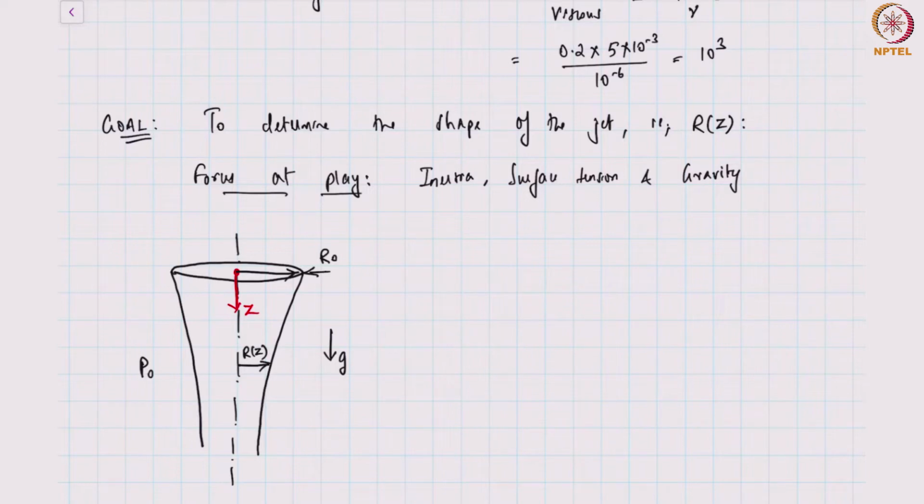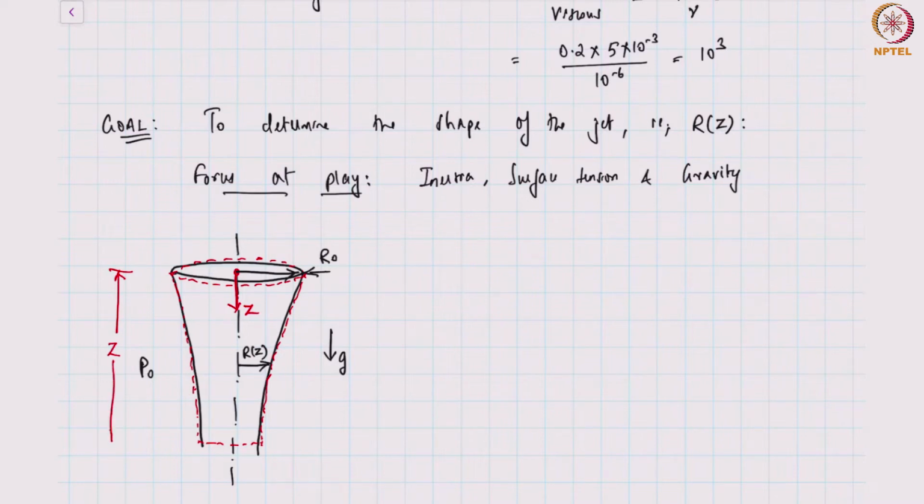Let's consider a small control volume. I'm trying to show this control volume using a dashed red boundary. This is my control volume. And what's the height of this control volume?